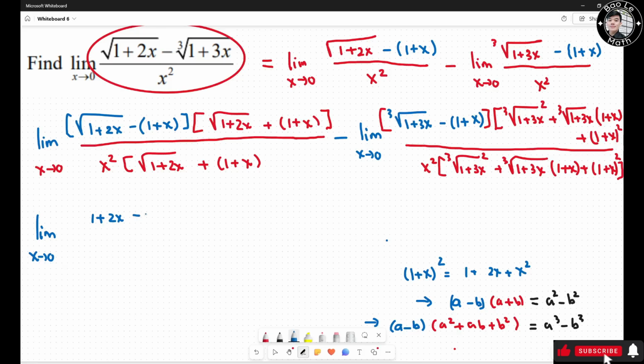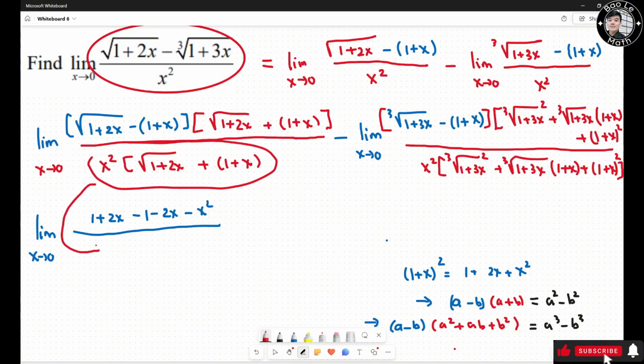So I distribute the negative: -1 minus 2s minus s squared. And the bottom, I just copy down over here. Now subtract the limit as s approaches 0.